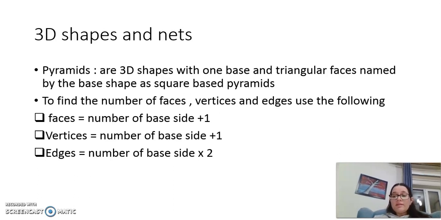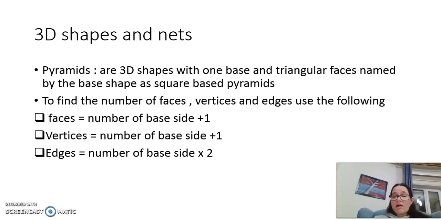Actually, 3D shapes can be grouped in 2 main groups, the pyramids and the prisms. And of course, there are a lot of other 3D shapes, but the main 2 groups are the pyramids and the prisms. What are the pyramids and what are the prisms?